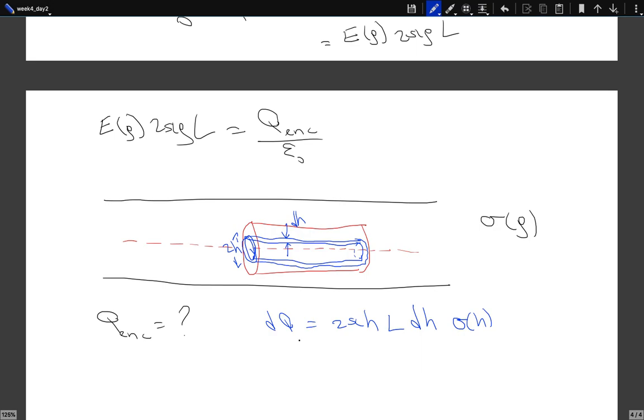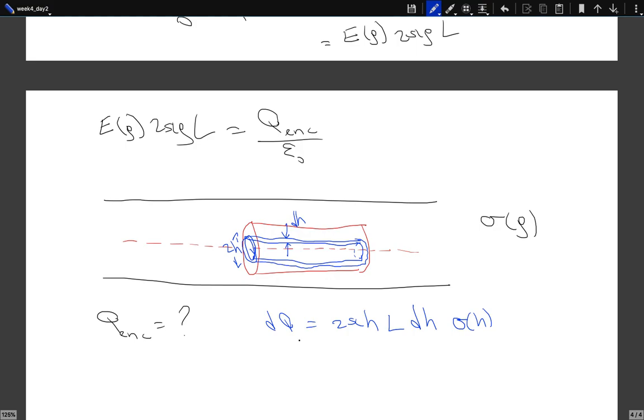Here we are making something very similar. I have this infinitely long cylinder. I am assuming that it is made up of a very small cylinder, a larger cylindrical shell, a larger shell, a larger shell. So I'm just summing up all these shells to obtain my cylinder.